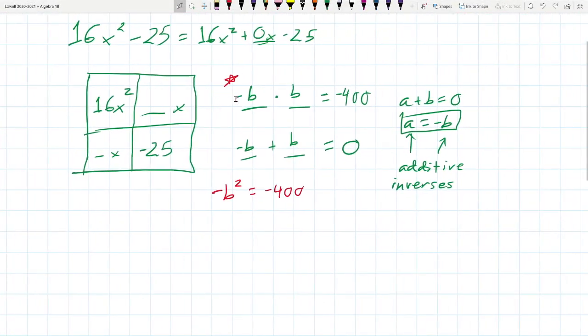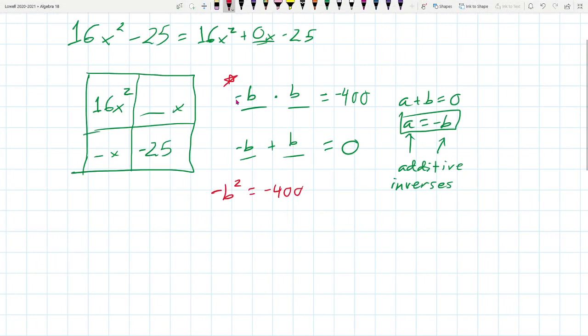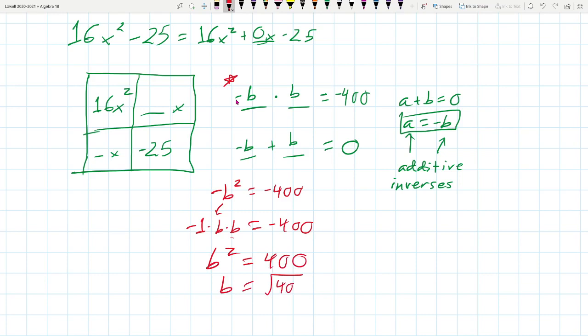What I can do is divide both sides by a negative sign. So remember that this is really negative 1 times b squared because of order of operations. And so I could divide both sides by negative 1, and I'll get b squared is equal to 400. And so b is just equal to the square root of 400. If I hand it to the calculator, we can see that that is actually 20.